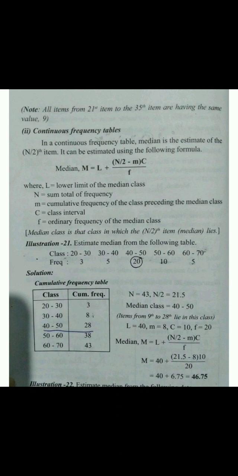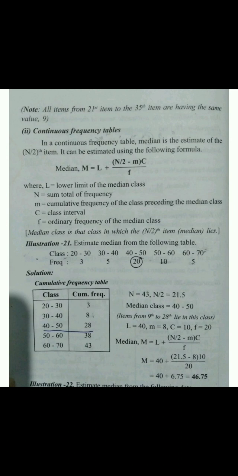So the median class will be 40-50, because 21.5 lies in the cumulative frequency of 28. The items from 19th to 28th lie in that class, so 40-50 is the median class.